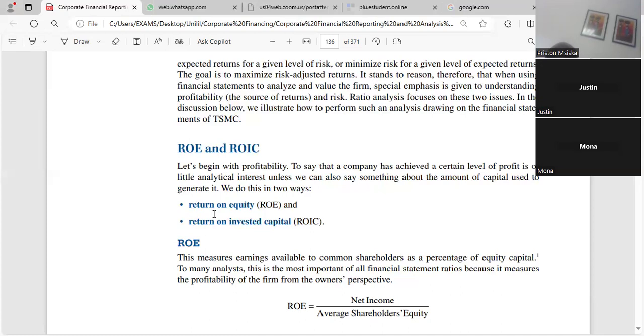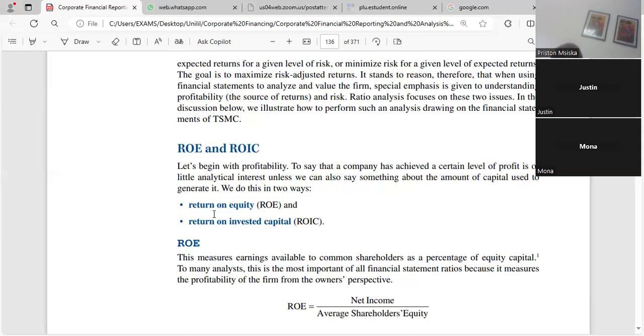You add the 2 numbers because you are looking for the average, and divide by 2. And net income, you can find in the income statement. Okay? Then you will have calculated return on equity.